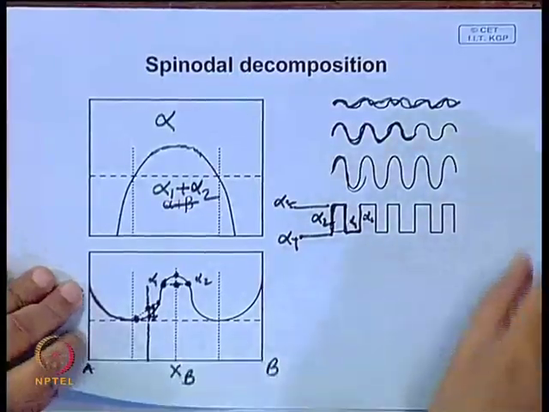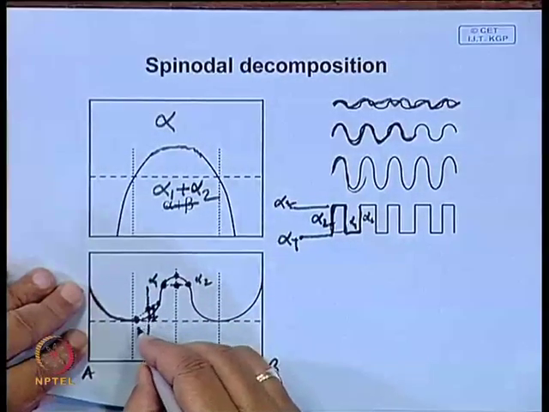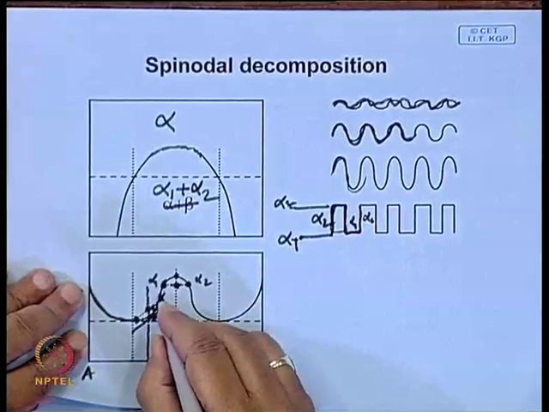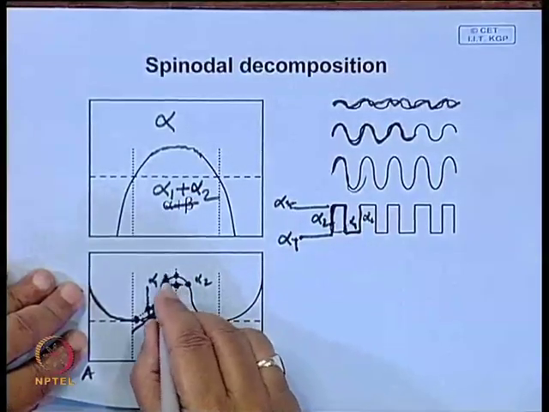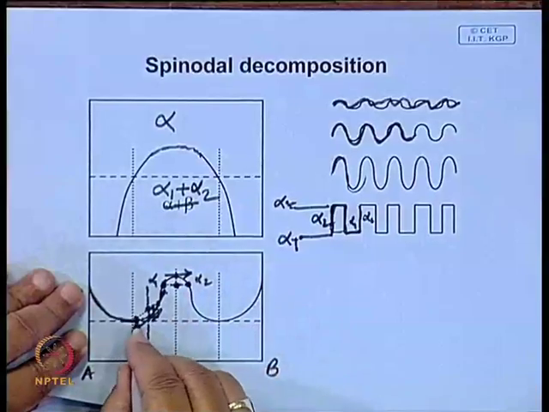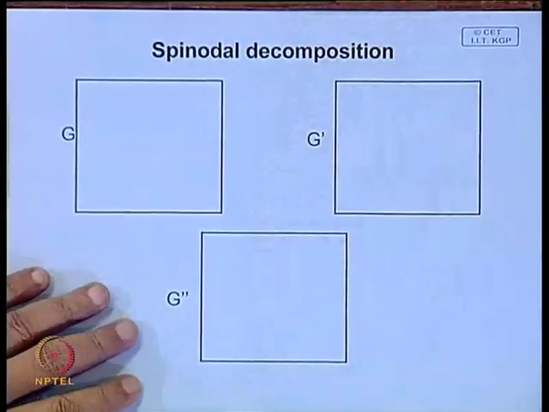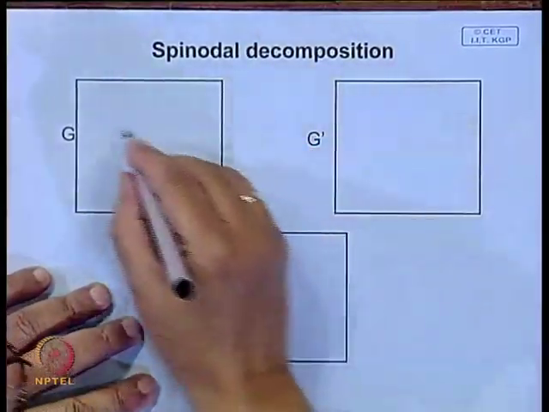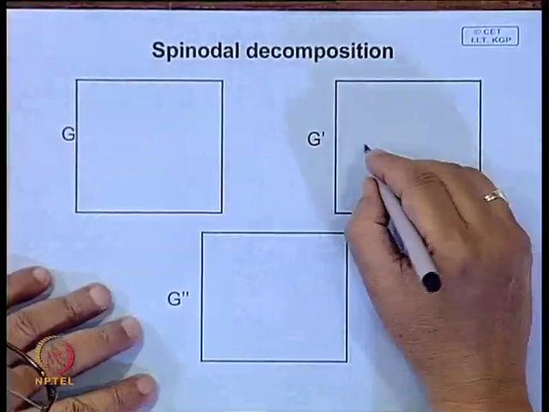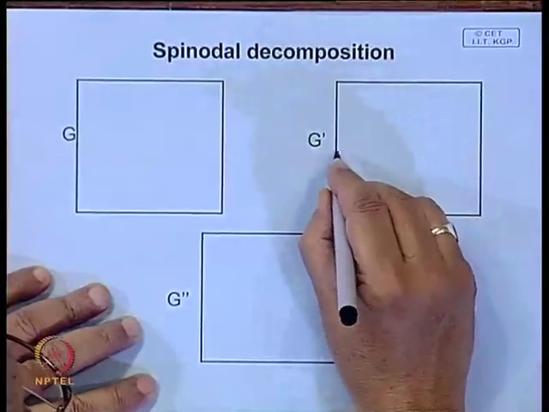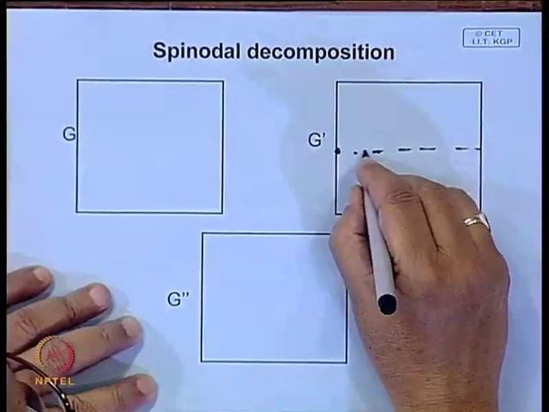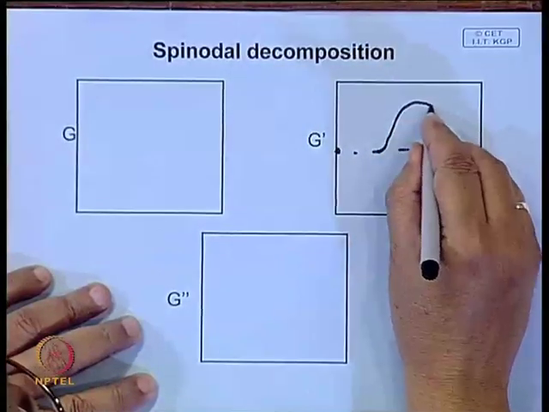And you can easily show the condition under which this takes place. If you look at the slope of this curve, the slope here is increasing, somewhere in between it becomes maximum, again the slope comes down. If you define this as G slope, somewhere the slope is 0 and then somewhere it becomes maximum and comes down.